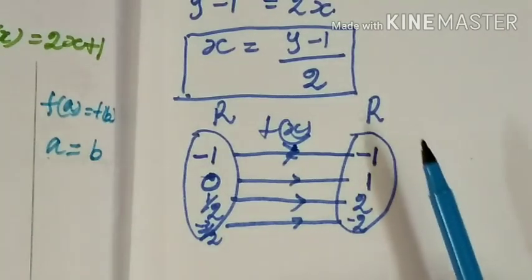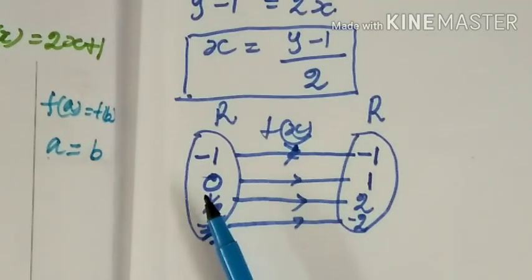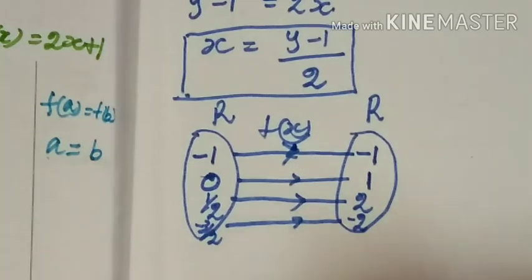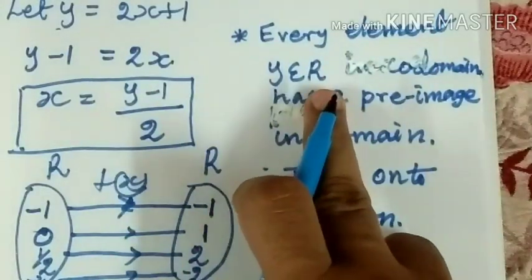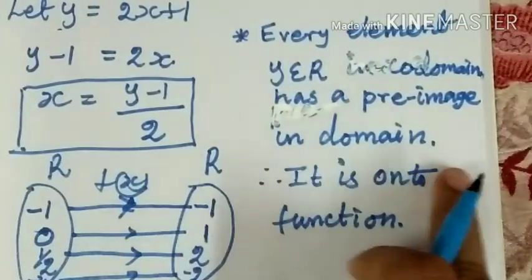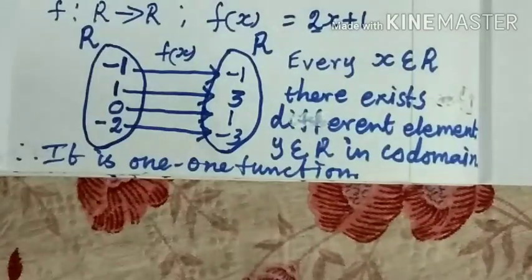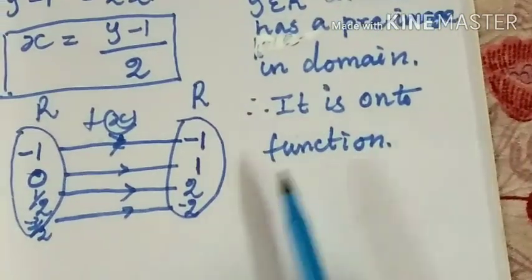From this arrow diagram we observe every element in the codomain has a pre-image in the domain, hence it is an onto function. So write the reason: every element y belongs to real numbers in the codomain has a pre-image in the domain, therefore it is an onto function. Now the given f of x is proved to be one-one and it is an onto function also.